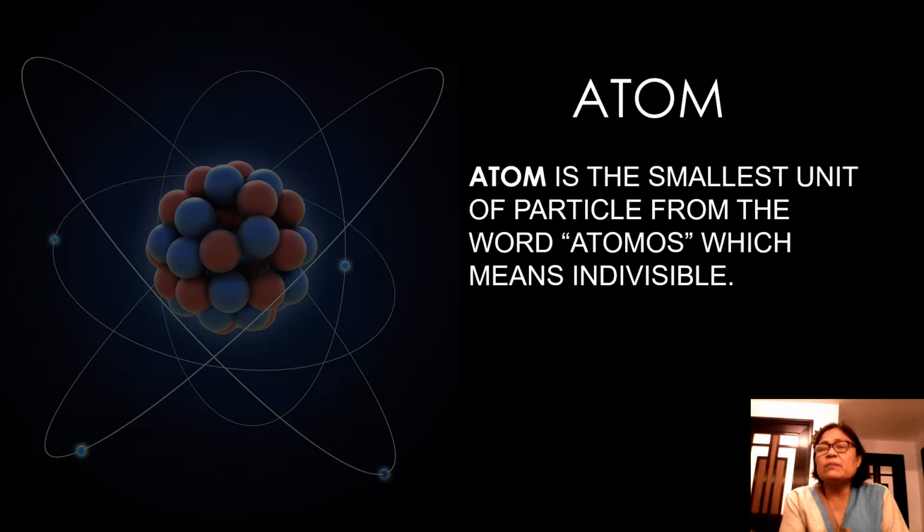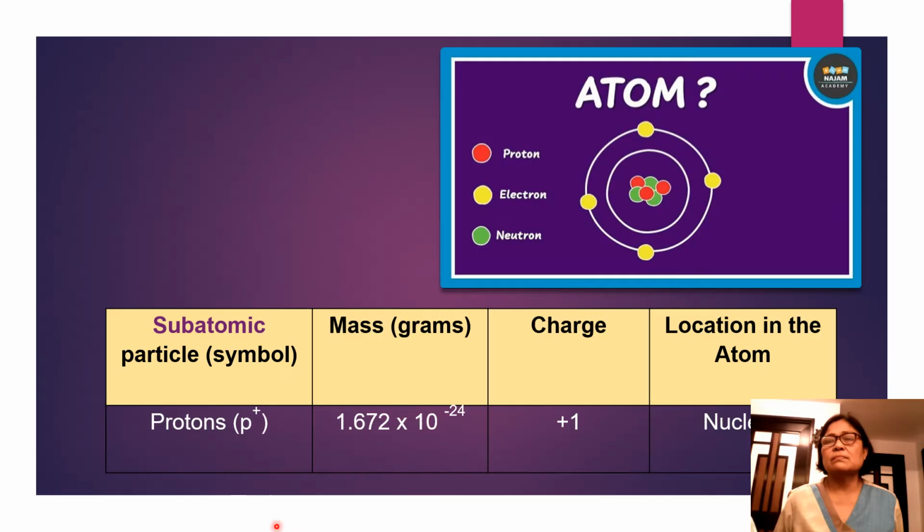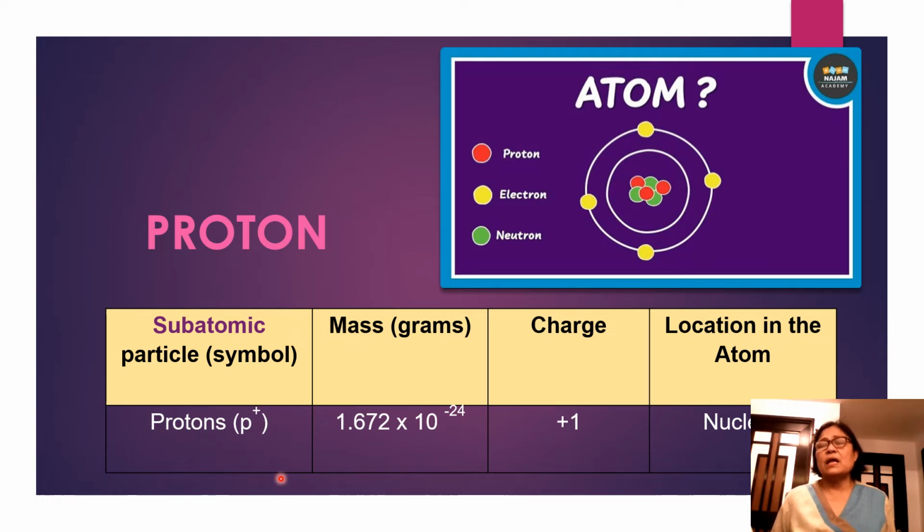And indivisible means cannot be cut or divided. An atom has its subatomic particles, and one of them is the proton. Proton has a mass of 1.672 times 10 raised to negative 24 with a positive charge, found inside the nucleus of an atom.